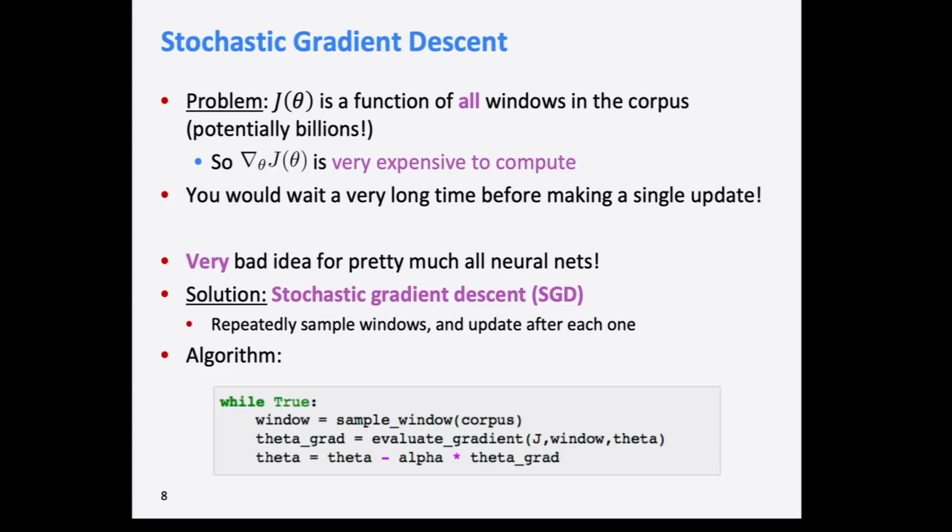This is an amazingly noisy estimate of the gradient, but it doesn't matter too much, because as soon as we've done it, we're going to choose a different center word and do it again and again, so that gradually we approach what we would have gotten if we'd looked at all of the center words before we took any steps. But because we take steps as we go, we get to the minimum of the function orders of magnitude more quickly. So this shows the simplest case where we're just sampling one window.